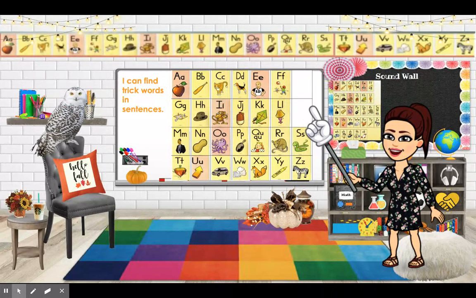A, apple, a. B, bat, b. C, cat, k. D, dog, d. E, ed, e. F, fun, f. G, game, g.